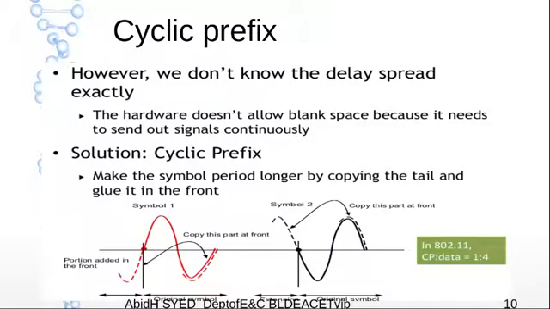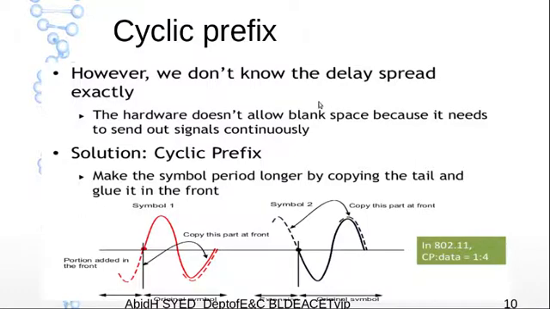Now let us see what we mean by cyclic prefix and why we should use it. Cyclic prefix is nothing but a symbol that is intentionally added before the commencement of the next symbol. Thereby it separates two successive symbols on the channel.